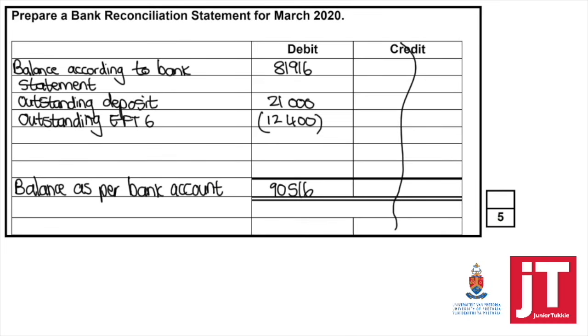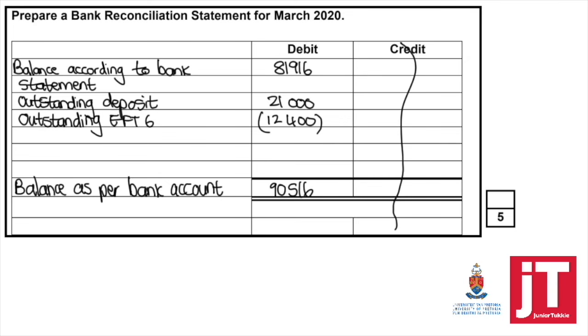If you choose to do a 1-column method, you can simply scratch out 1 column, and then you're going to say the same as you've done before, balance according to bank statement, outstanding deposit. If it appears on the credit side on your bank statement, it means positive, no brackets.